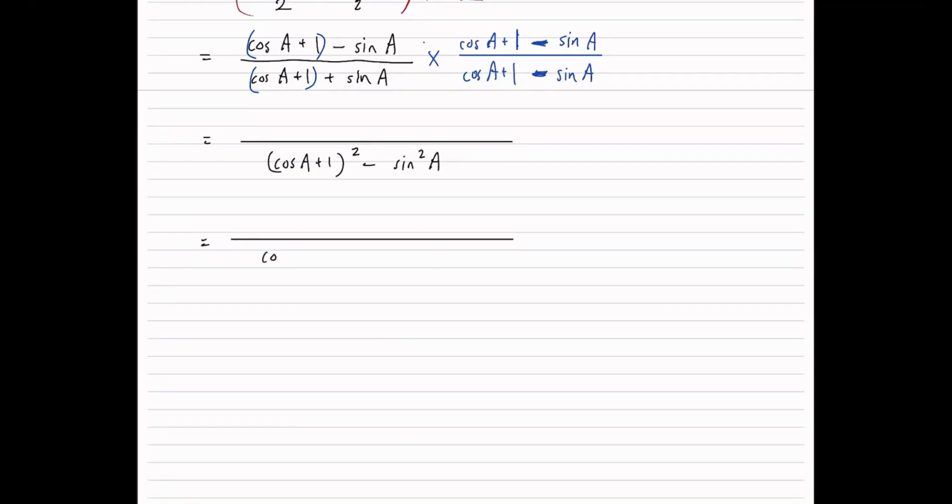If you expand this out, you end up with cosine square A plus 2 times cosine A times 1 plus 1 square, which is just 1, minus sine square. Wow, that's very confusing because you're introducing a cosine square minus sine square, which is just cosine 2A, but you don't want 2A because you're trying to work your way towards secant A plus tangent A.